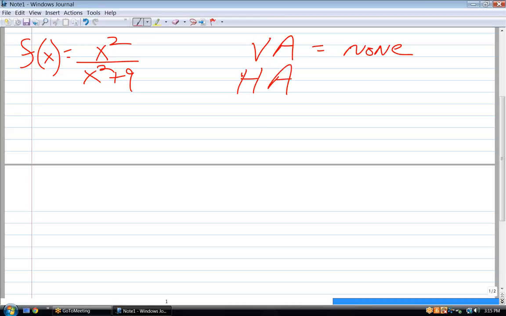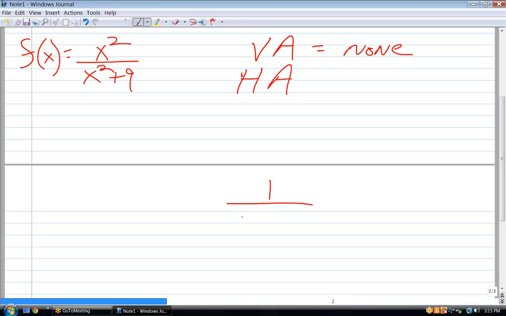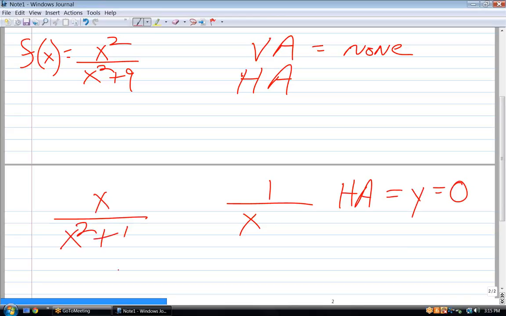Let's talk about horizontal asymptotes. Those are usually a little harder. There's 3 different cases. There is if the power of the variable is greater in the denominator than it is in the numerator, like 1 over x, then your horizontal asymptote is always y equals 0. Yeah. And that would be true even if it was x over x squared plus 1, because this is bigger than that.